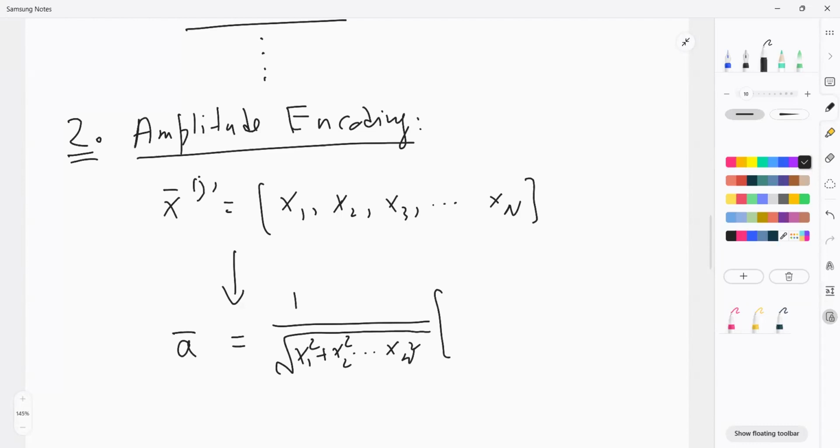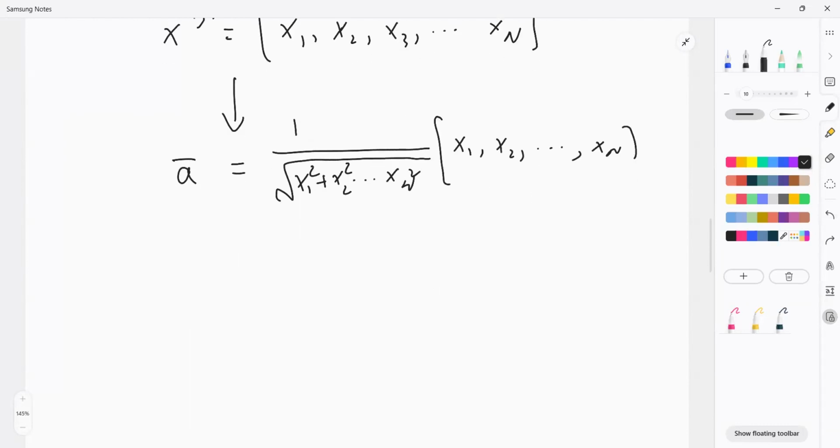So this becomes x1, x2, xn, and let's write it as a vector a1, a2, all the way to an.